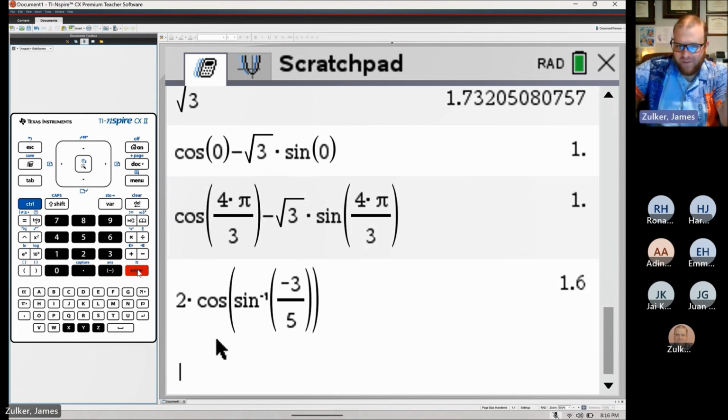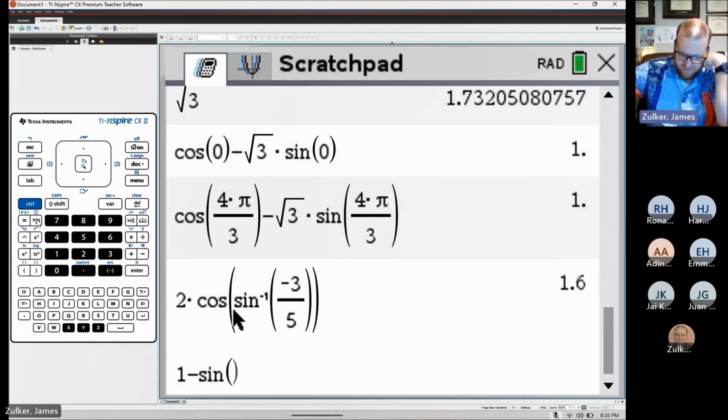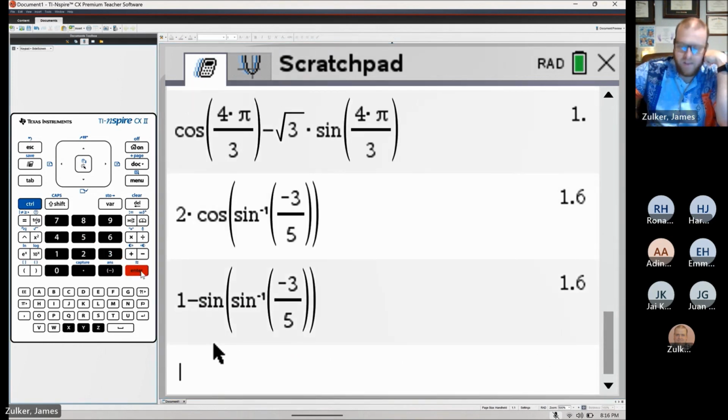They're coterminal. Remember the periodicity of cosine. That's 1.6. And that is 1.6.